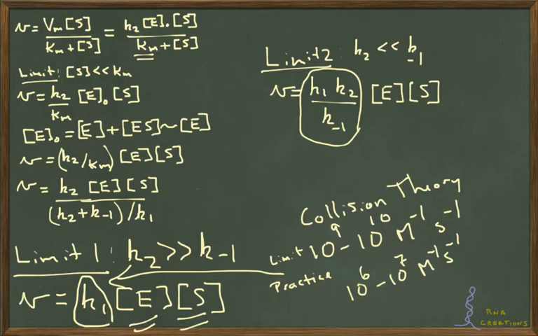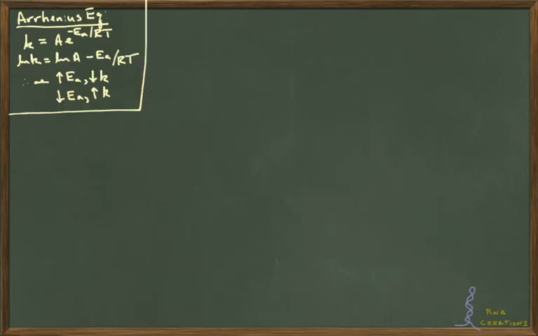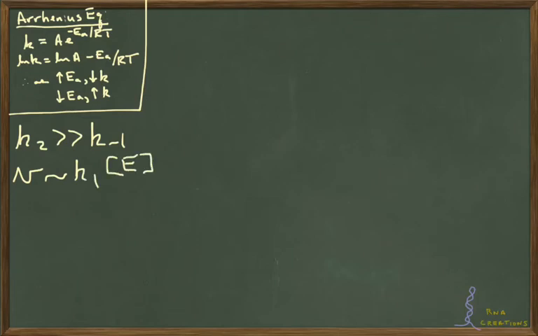We'll start with limit 1, where k2 is bigger than k minus 1. Okay, we're going to start with this guy right here. And we already know that the velocity is approximately equal to k1 times E times S.